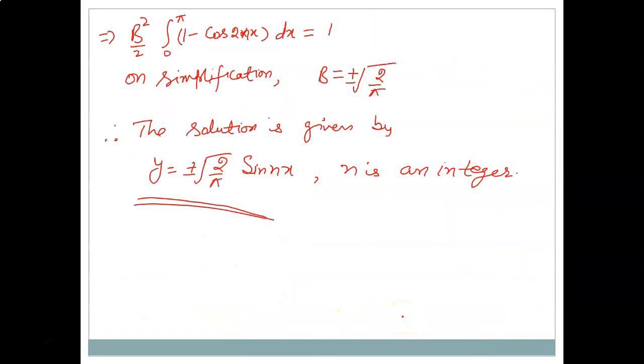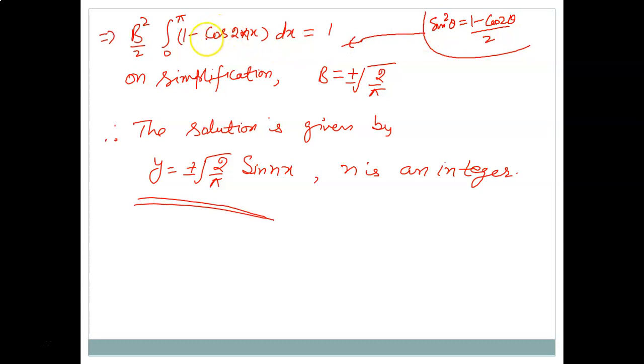Now simplifying this, in place of sine square nx you write (1 minus cos 2nx) by 2, because you know the formula sine square theta equals (1 minus cos 2 theta) by 2. So you apply this formula in this equation.